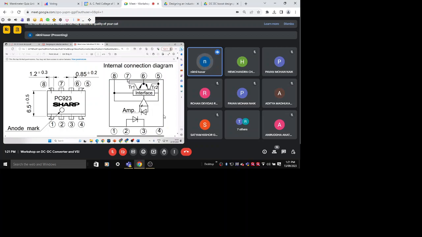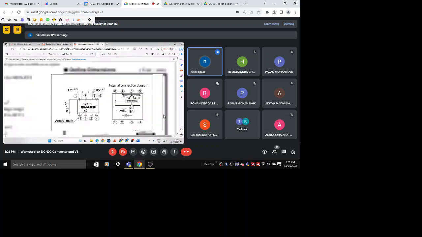This 5 volt given between 2 and 3 will get amplified. Okay, here. So you can see this terminal 6 can be used to connect the gate.